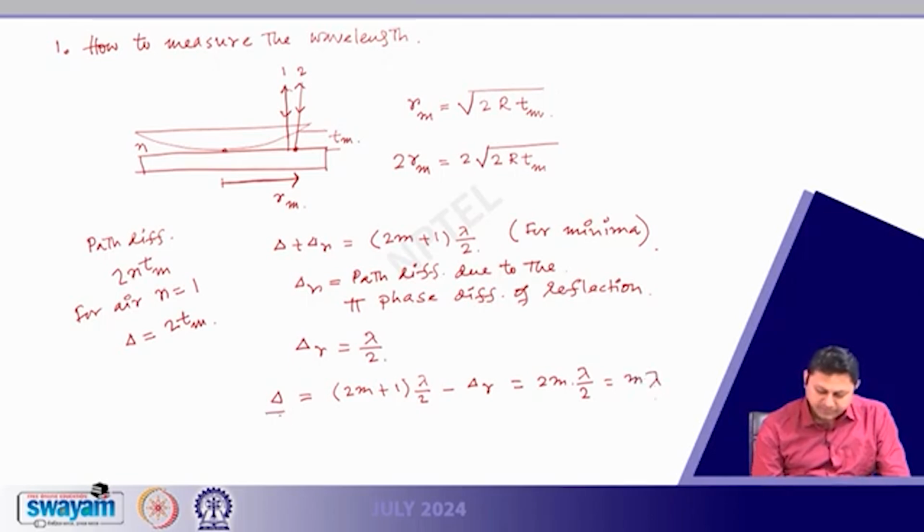That is the path difference we have for destructive interference. So, delta here I already calculated, it is 2 Tm, and that is equal to m lambda.